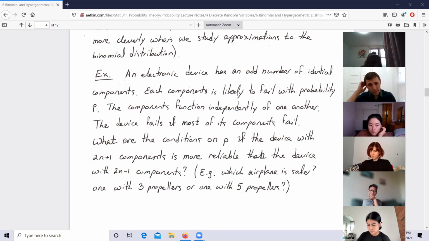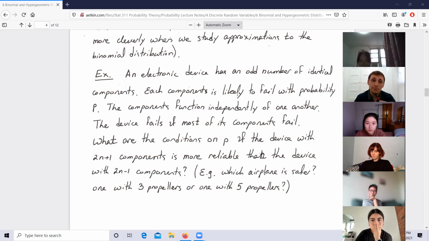It's not so easy, of course, but maybe intuition should tell you what the probability should be, where it's important to consider. All right, then let's do it together.